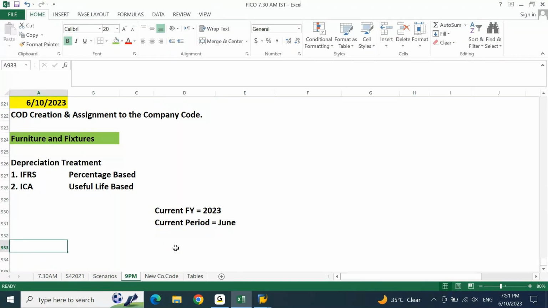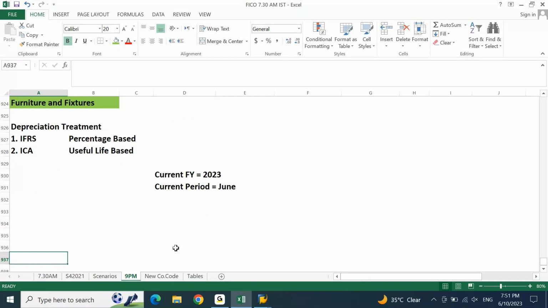Assuming we are talking about furniture. First of all, you need to know the breakup or the different individual assets within furniture. Normally, you're not going to create an asset by the name furniture, because furniture is the classification or group of the asset.